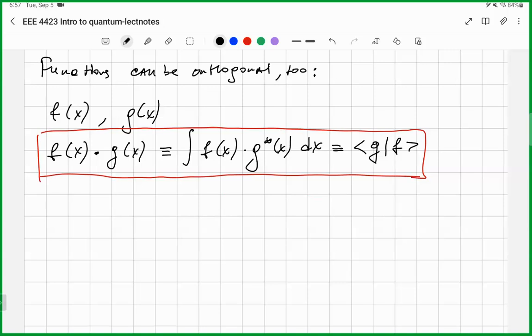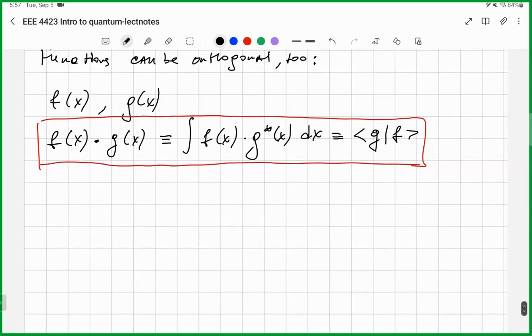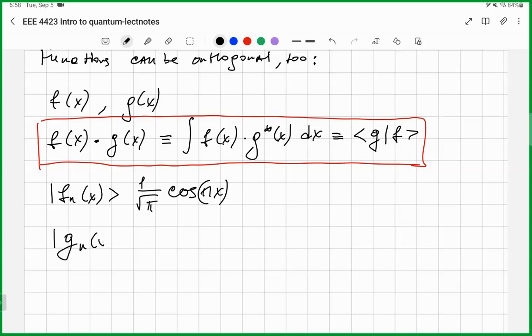And why is it important? It's important because if we take functions like f_n(x), again, this is the ket vector of a function, right? Something like 1 over square root of pi cosine nx, and another vector g_n(x), 1 over square root of pi sine nx, right?